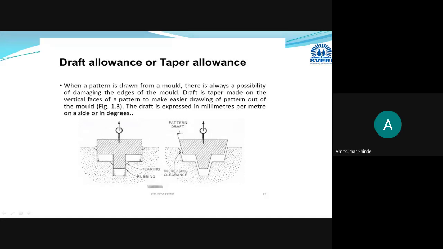To avoid this damage, instead of using vertical walls, we are using taper walls in this mold. Taper walls are provided. So this is nothing but the draft or taper allowance. You can see here, this is the draft or taper allowance provided for removing the manufactured plastic part from the mold cavity after the solidification process without damaging it.